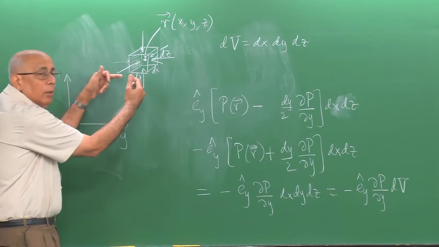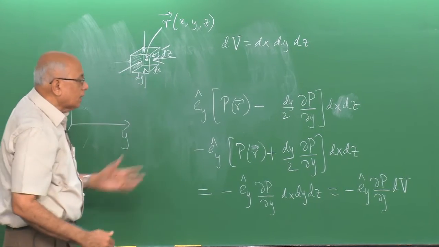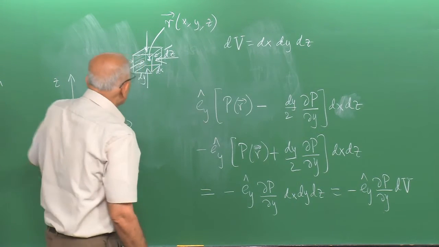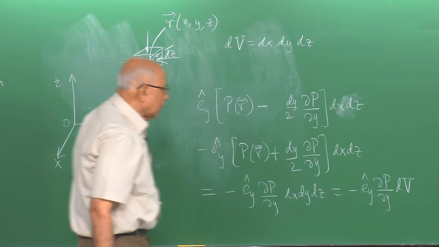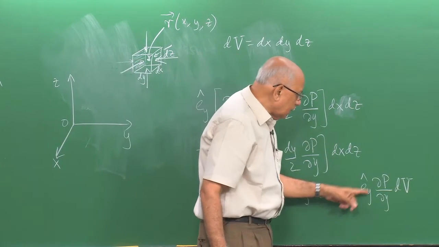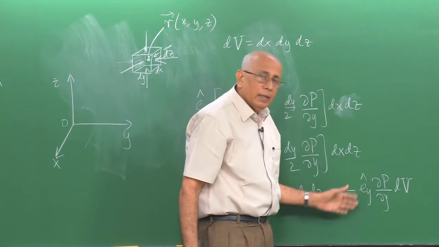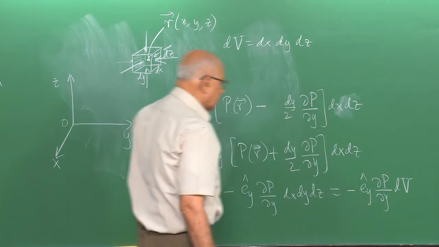So, that is the y component of this force, and exactly the same sort of argument will tell you that the z and x components are respectively given by the same things with Ez delta p over delta z and Ex delta p over delta x.